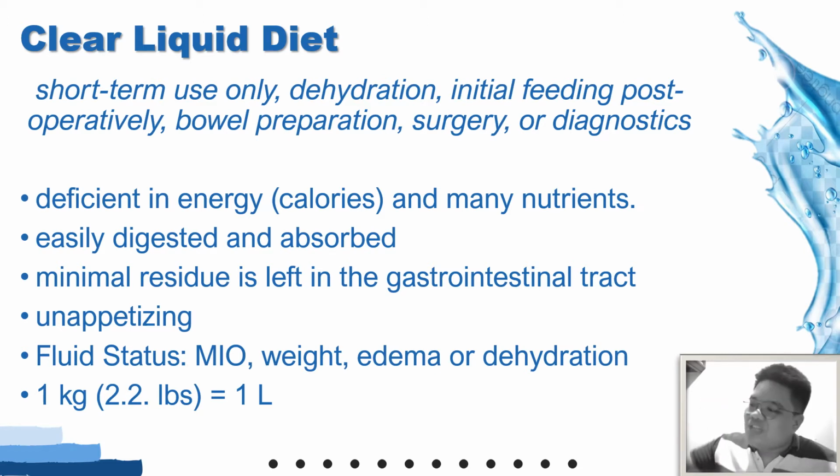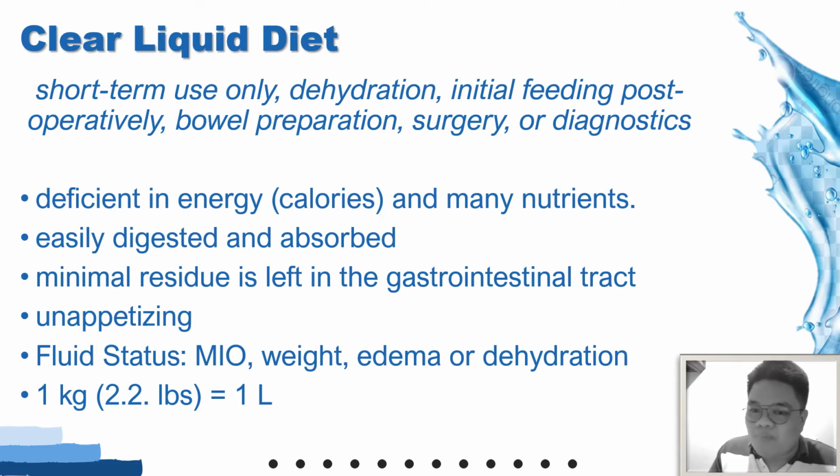If after some time after surgery the patient still does not have flatus, you advise your patient to turn to the sides. And if tolerated and warranted by the condition of your patient, we would even advise the patient to ambulate. In other words, we would tell the patient to walk around the room so that the GI tract would be functioning again. That's how it works for your clear liquid diet.